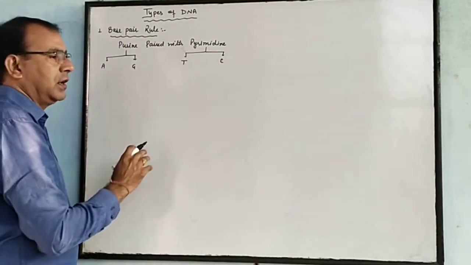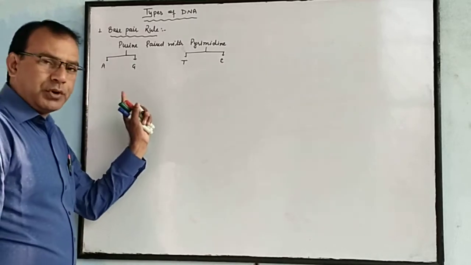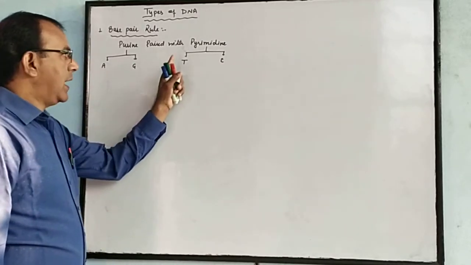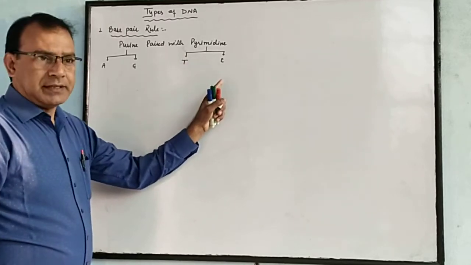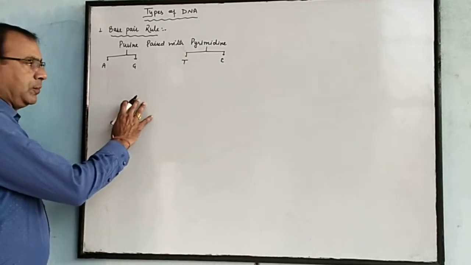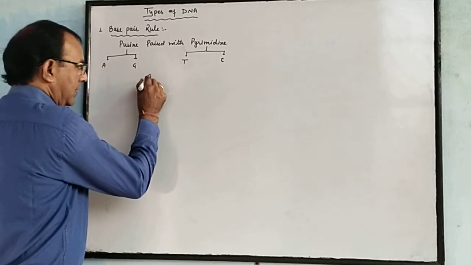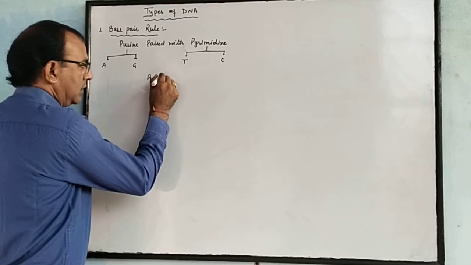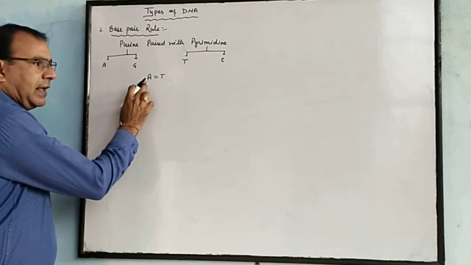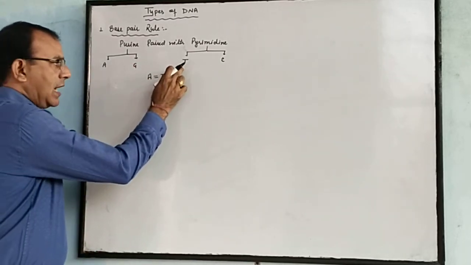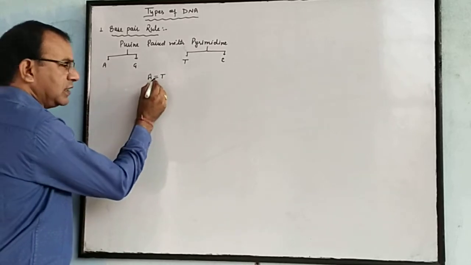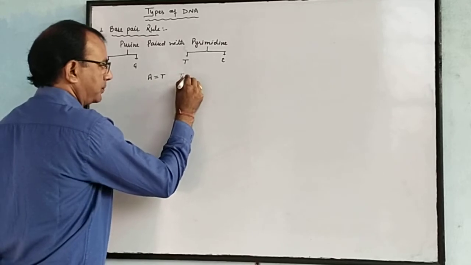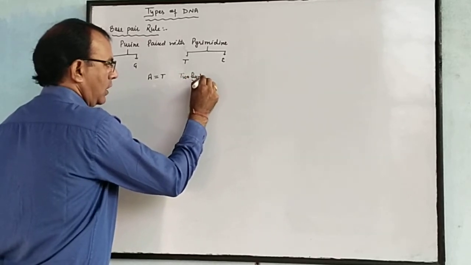The base pair rule in DNA is that purine is paired with pyrimidine. Purines are A and G, and pyrimidines are T and C. According to the base pair rule, purine A, adenine, is bonded with thymine with two hydrogen bonds. This is not the sign of equals, this is the sign for two hydrogen bonds.